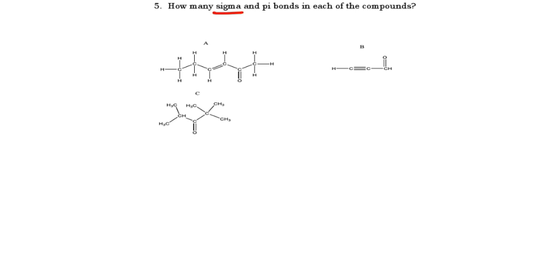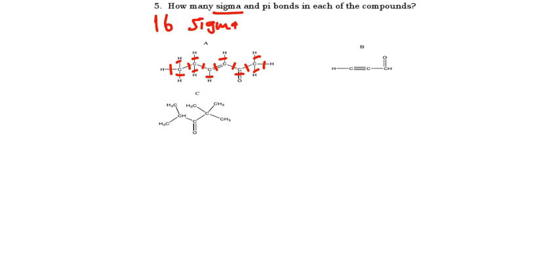So do the counting. For sigma it's easy, just count the number of bonds that are part of that compound. So 1, 2, 3, 4, 5, 6, 7, 8, 9, 10, 11, 12, 13, 14, 15, 16. So there are 16 sigma bonds for the first one.